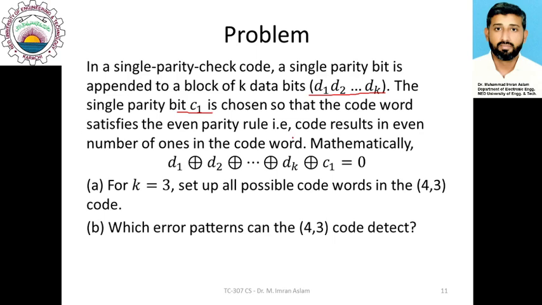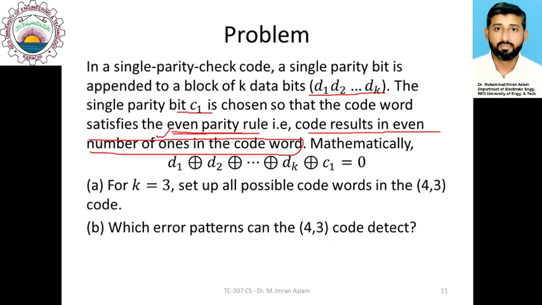So this C1 is to be chosen in such a way that the code word satisfies the even parity rule. What is the even parity rule? Intuitively, the even parity rule represents that whatever code word we achieve should have an even number of ones.